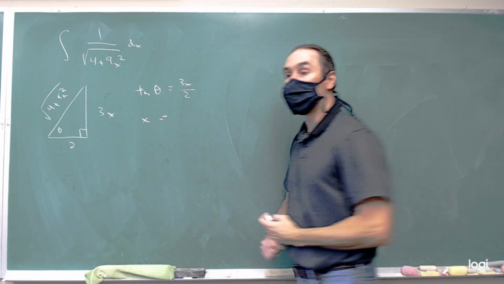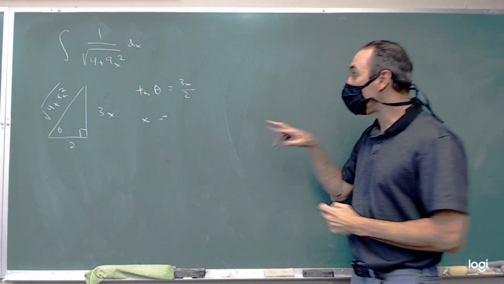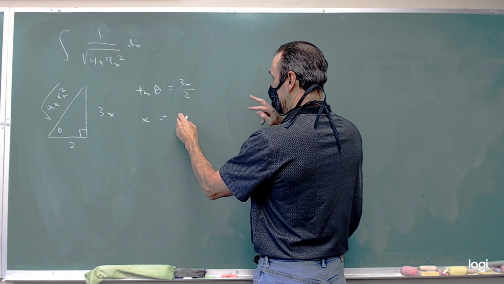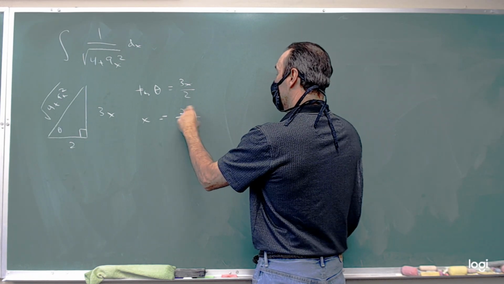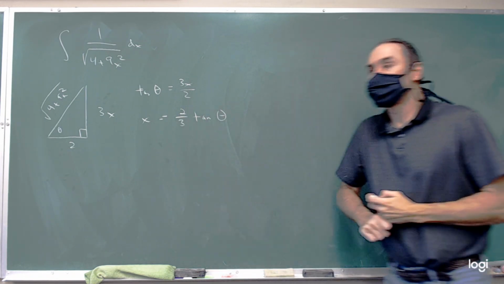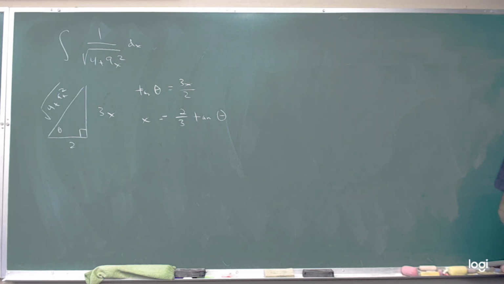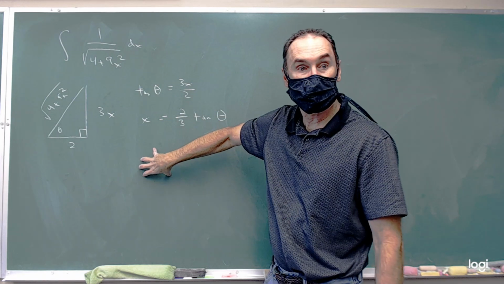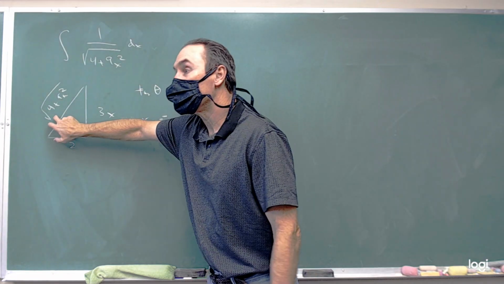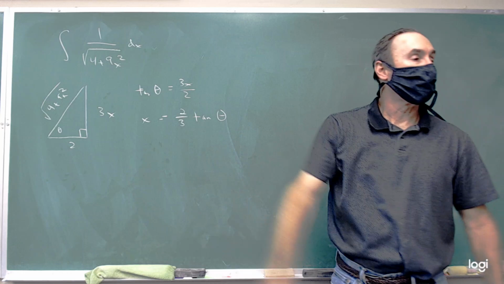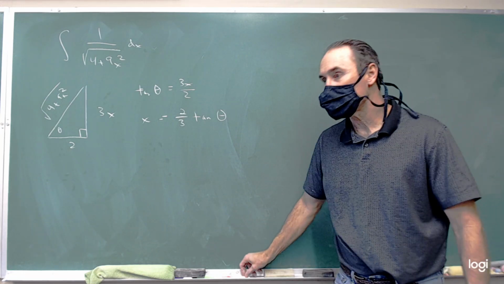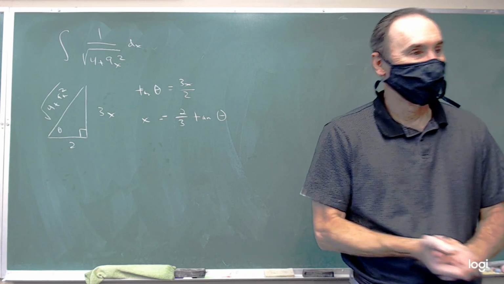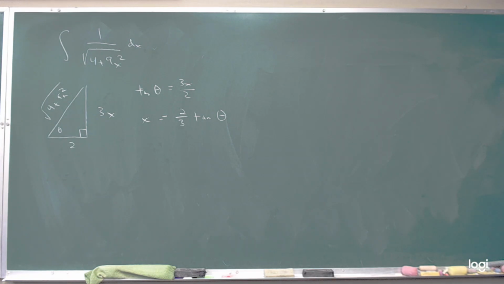We're going to solve for x. So we're going to multiply by 2/3. So we have x is equal to 2/3 tangent theta. We have to get x so that we can get dx. So you'll get dx, you'll get the radical, and then you'll plug it in there and we're off to the races. Awesome. More to come tomorrow.